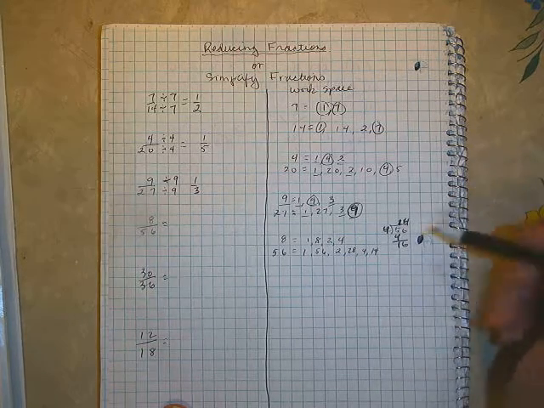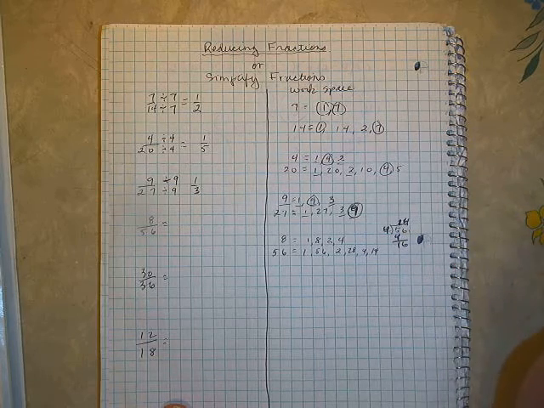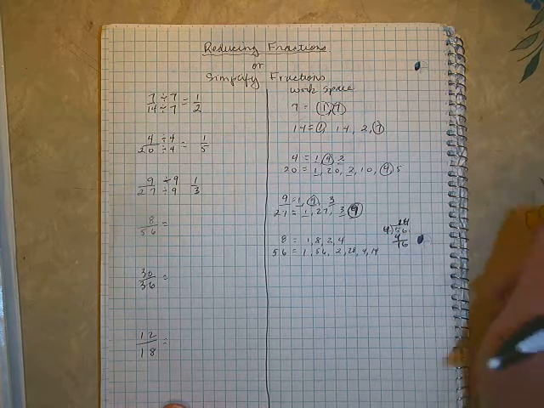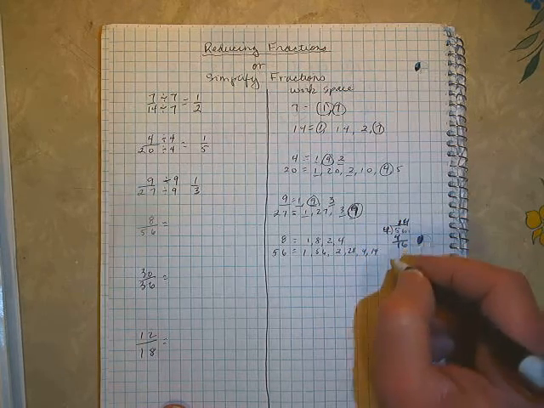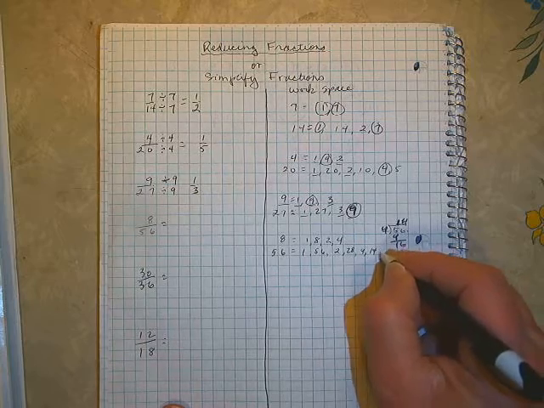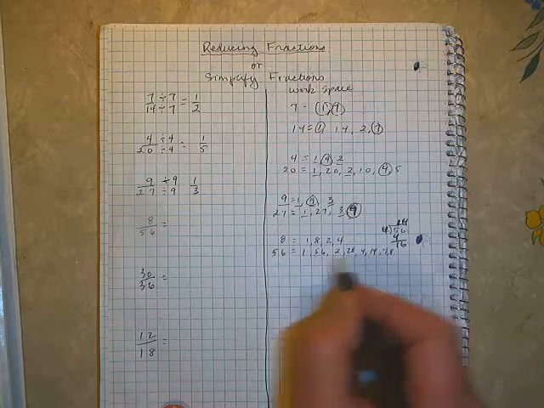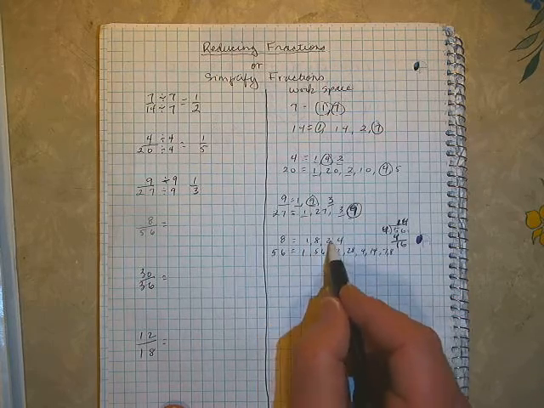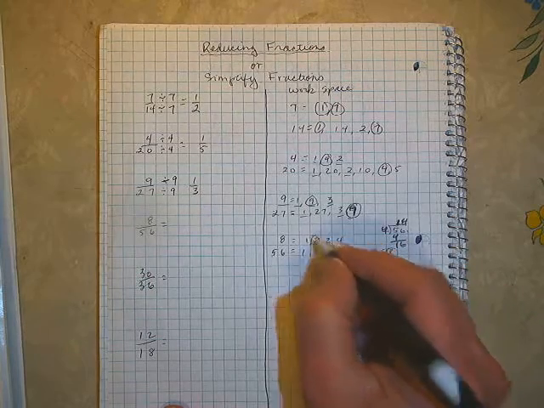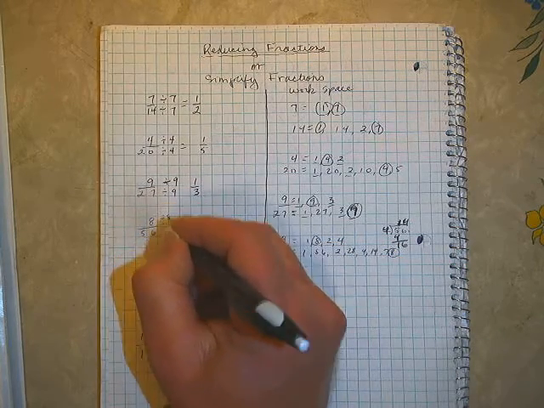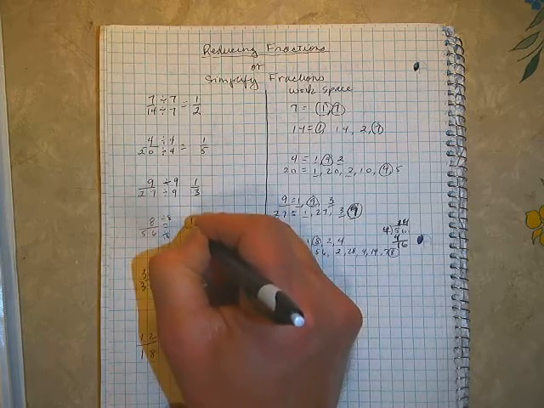And the reason I know that is because 60 is the next closest one, and that's 4 away from 60, so 6 won't work. 7: 56 divided by 7 gives me 8. So we have 7 and 8. Okay, and I notice that my common factors are 1, 2, 4, and 8. My greatest one is 8, so I'm going to divide that by 8, divide that by 8, and I get 1/7.